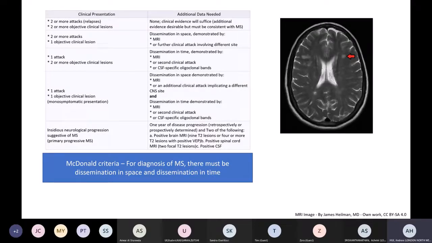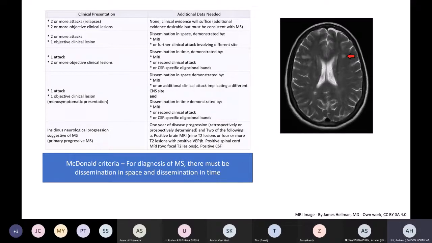And by dissemination in time, we mean on our MRI, do the lesions look like they have different ages? And in SBAs, they'll talk about gadolinium contrast to differentiate the ages of the plaques. Or of course, is the clinical history suggestive of multiple episodes?